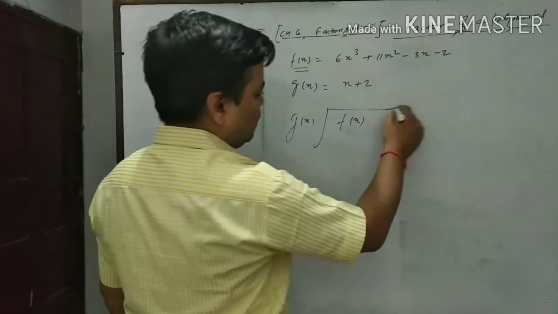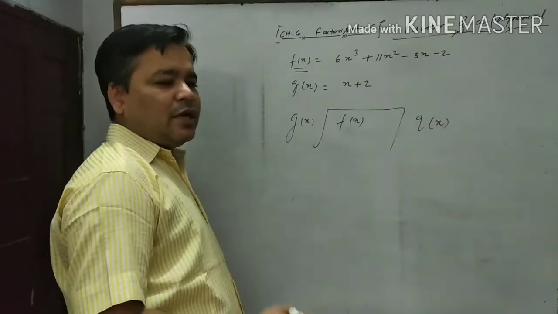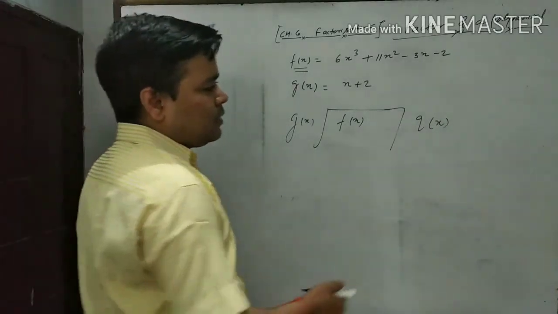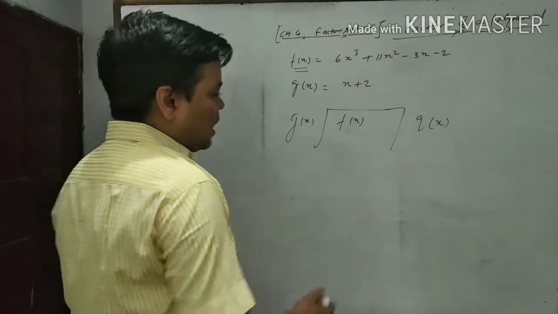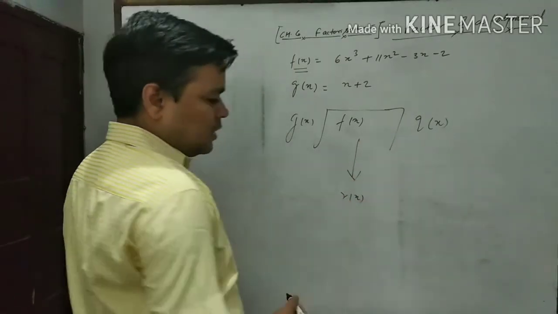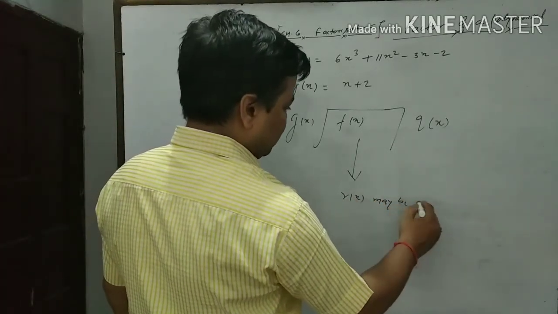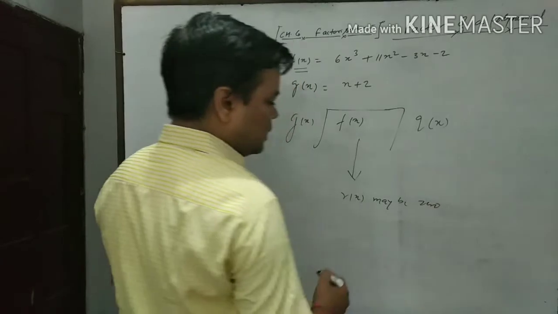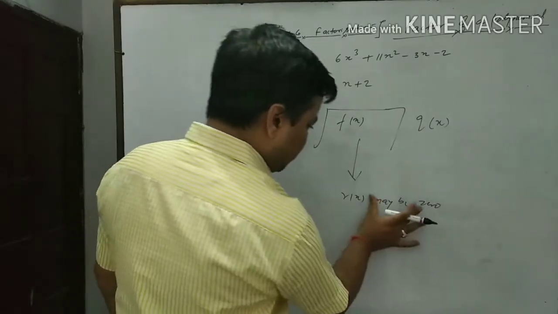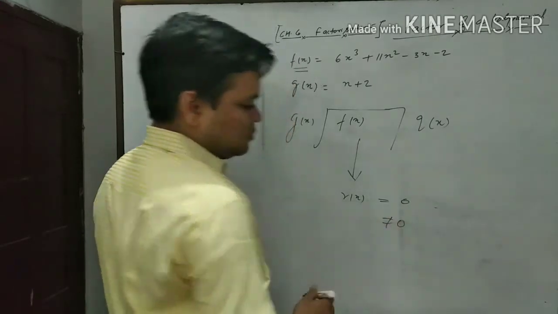Then we find its quotient, which will also be a polynomial, q(x), and after division we get the remainder r(x). Here r(x) may be 0 also, or its value may not be 0.